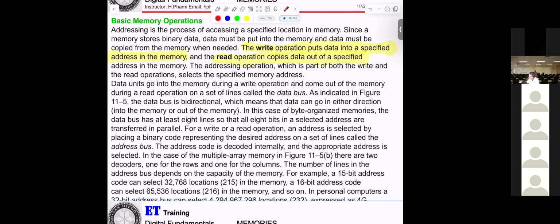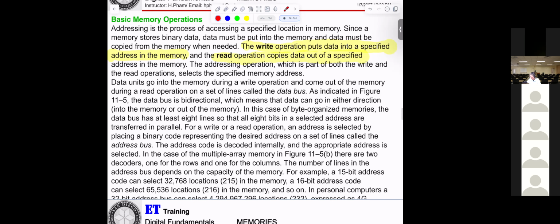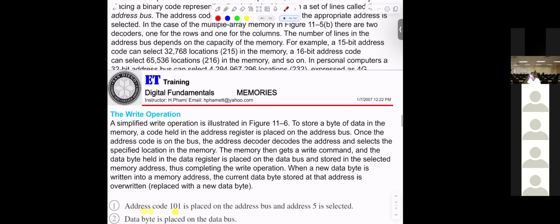The write operation puts data into a specified address in the memory, and the read operation copies data out of a specified address in the memory. So basically, they are just telling you about the write operation and the read operation.